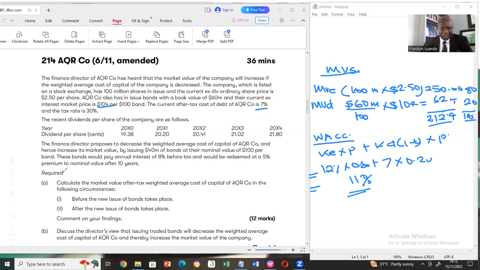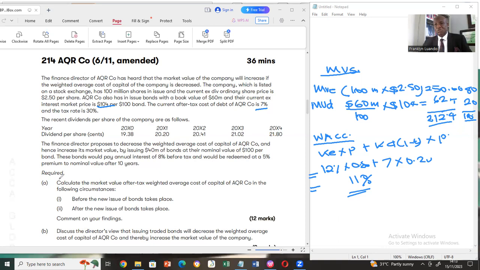These bonds would pay annual interest of 8% before tax, and would be redeemed at a 5% premium to the nominal value. So redeeming at a premium means 5% of 100, which will be 5. So to be redeemed at $105.